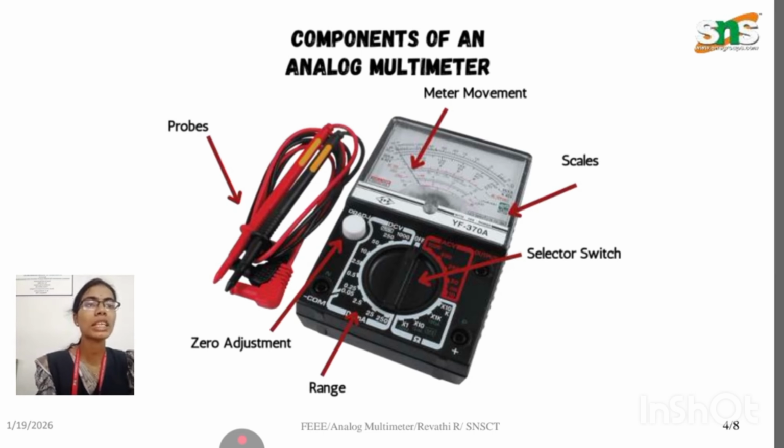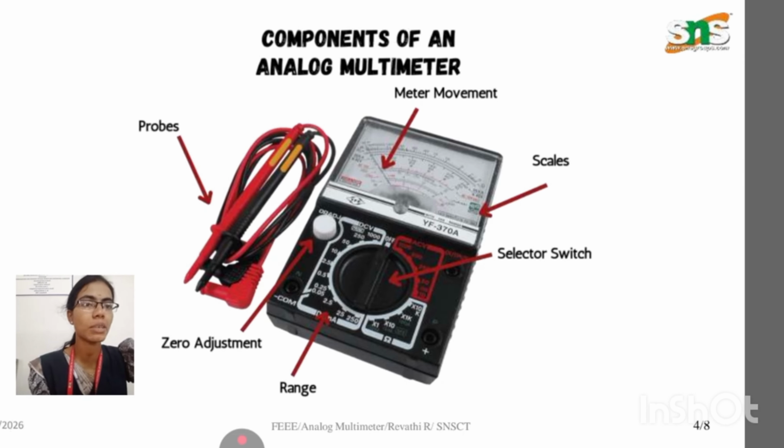The meter movement is used, and it consists of an indicating needle, springs, etc. Ranges are selected manually by us. The selector switch is used for selecting whether we have to measure voltage, current or any other quantity. Scales are used to read the ranges of the meter. These are all the components of an analog multimeter.